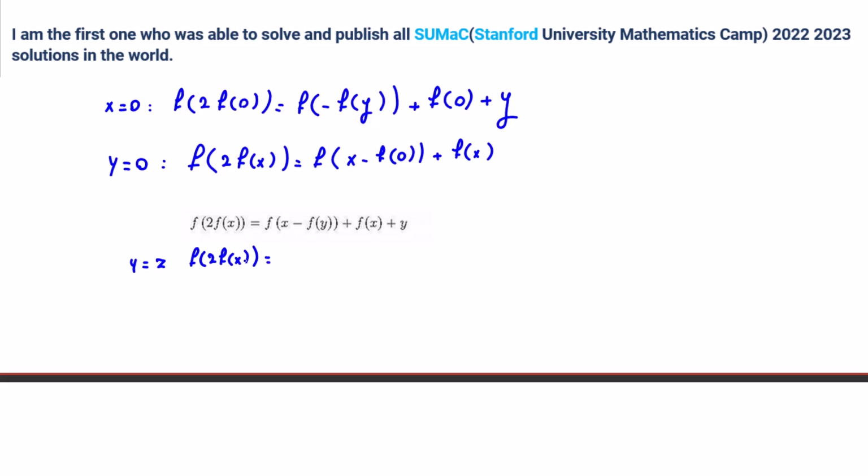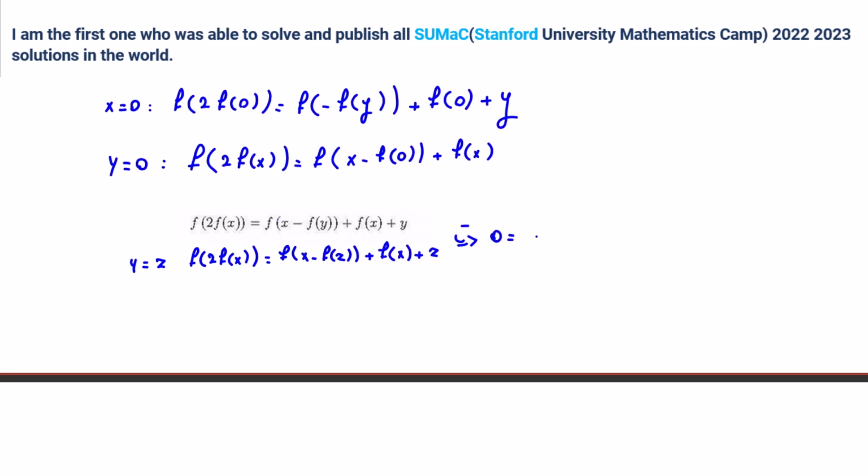F of 2 f of x is equal to f of x minus f of z plus f of x plus z. Then we should do what? Subtract to get rid of this, right?